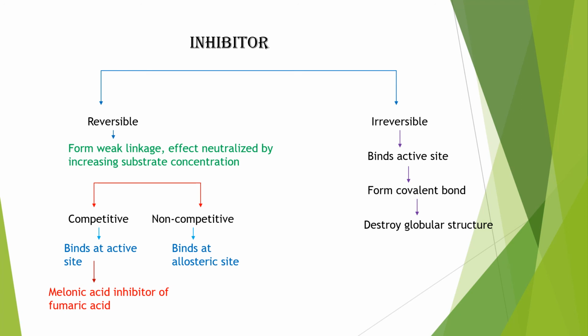The competitive inhibitors are those that will bind at the active site of the enzyme where the substrate binds. But non-competitive inhibitors are those that will bind at a site other than active site, or we can say that they bind at allosteric site or regulatory site. Now the competitive enzyme inhibitor example includes malonic acid, that is a competitive inhibitor of fumaric acid.